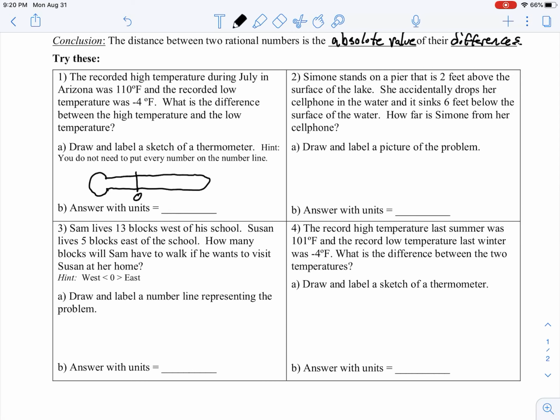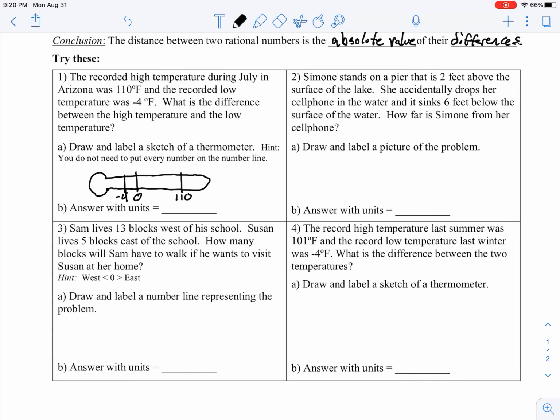It tells us here we do not need to put every number on the number line. All we want to do is use the numbers we got. It says that the record high temperature in Arizona was 110 degrees, so we're going to put our 110 here. And the record low was -4. Of course this is not to scale, but it doesn't need to be to scale in order to figure this out.